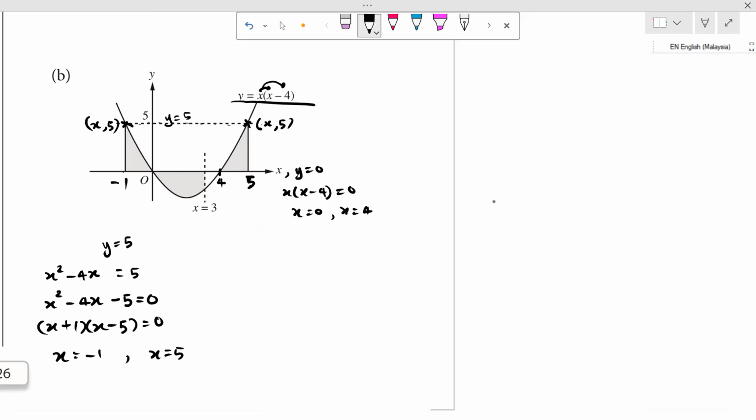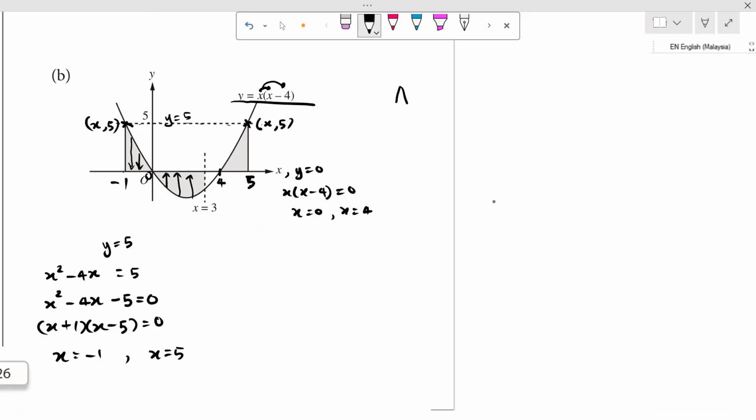So we have the boundaries -1 to 0, 0 to 3, and then 4 to 5. You get that first because the area is towards the x-axis. So when the area is below the x-axis, it is negative, you have to find the positive of it.